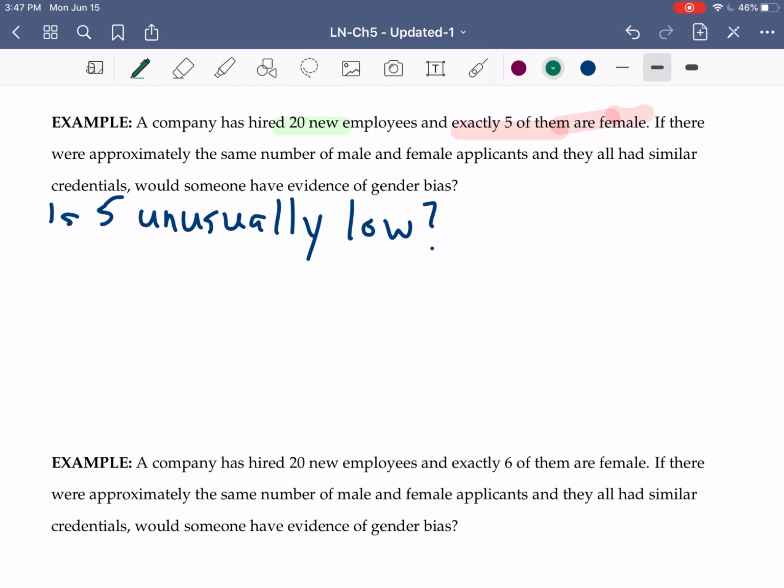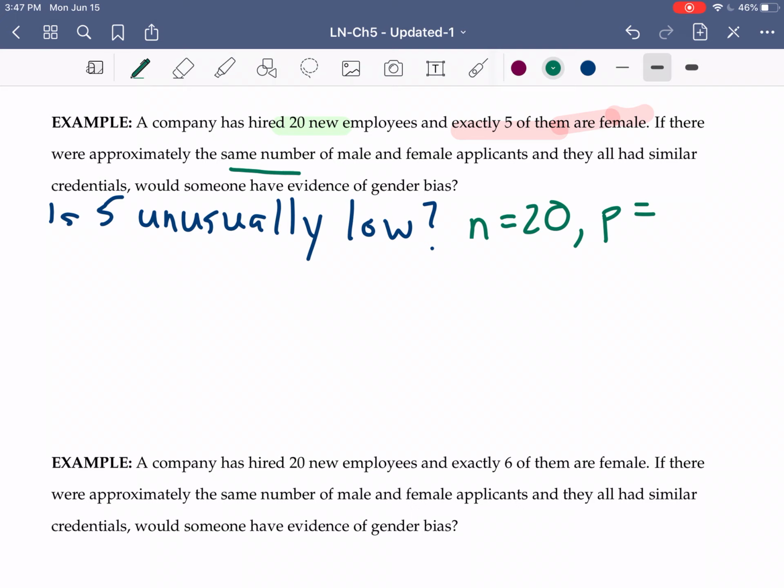And so what we can do is we can say we want to try to calculate the probability of 5 or fewer. And so we can identify or observe that this is a binomial distribution. The number of trials here is 20. We are going to assume that they are fair and then see, is this unusually low if they have fair hiring practices. So p will be the probability that they hire a female if they are fair.